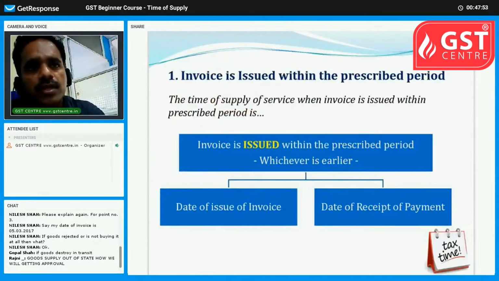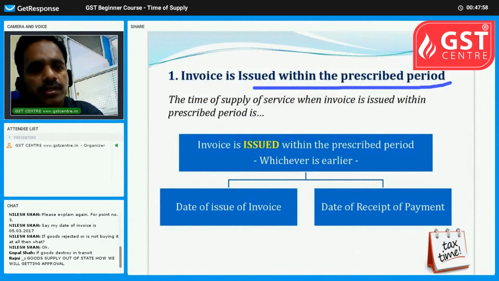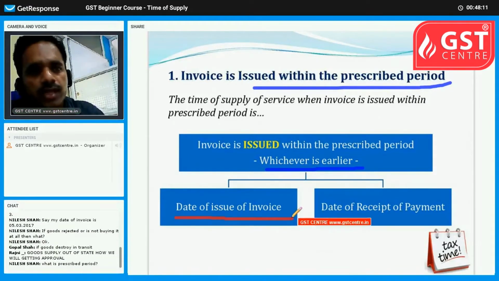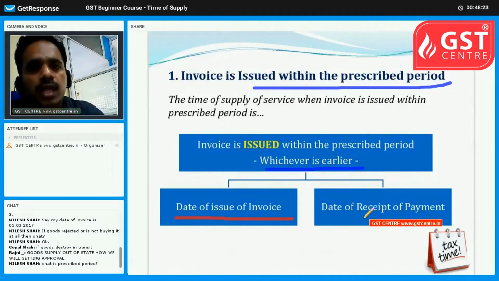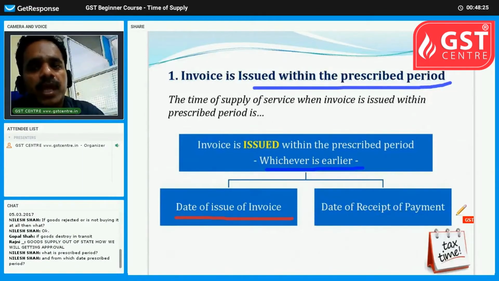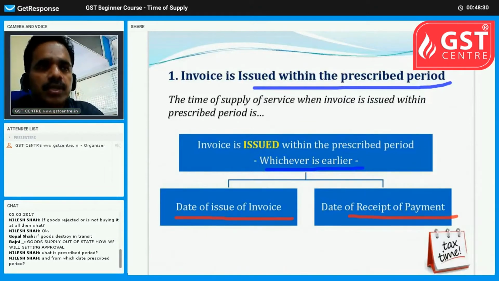So this is the law. When the invoice is issued within the prescribed period, there will be a prescribed period specified in the law, and if it is issued within the prescribed period, whichever is earlier is important. There are two dates: the date of issue of invoice, when the invoice was issued by the supplier to the buyer, and the date of receipt of payment, when the price was collected from the customer by the seller.